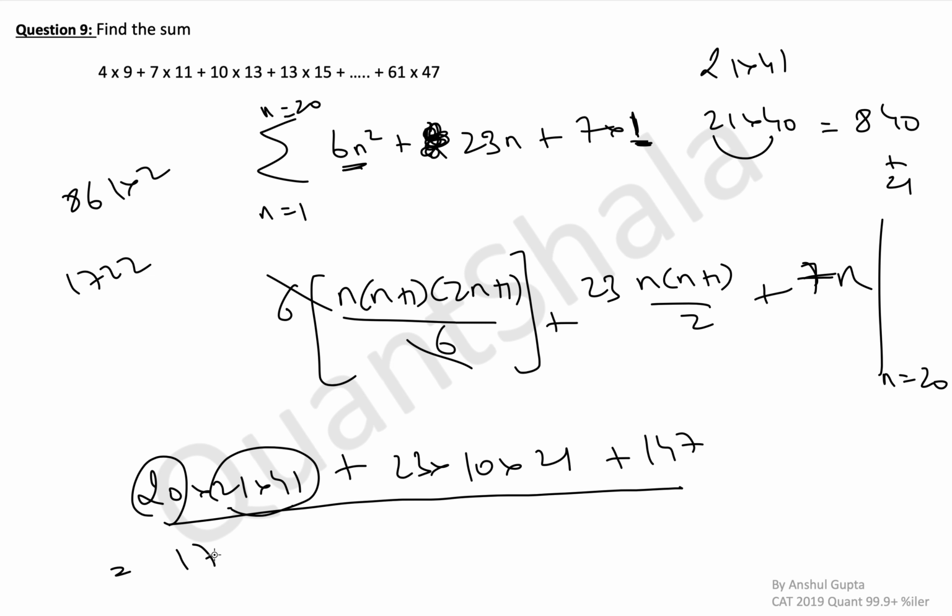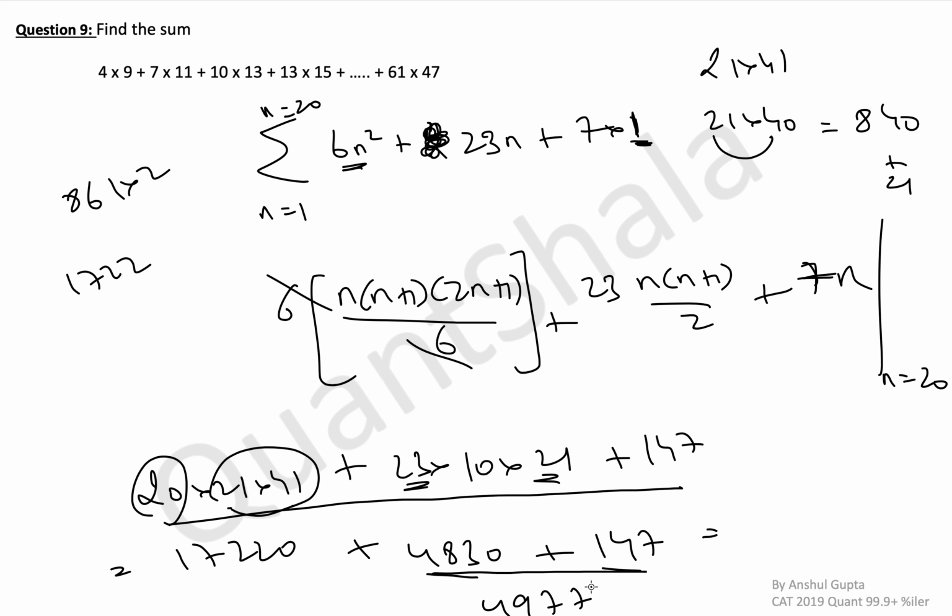So you get 17,220 plus 23 into 21 will be 483, and then 4830 plus 147. Okay, so 4830 plus 147, this is total 4977. Is that right? Okay, that is completely right.